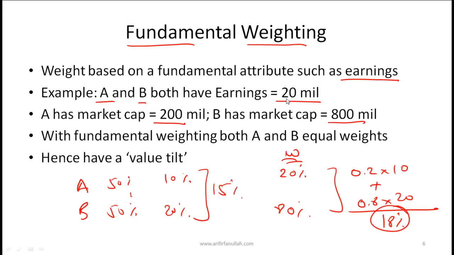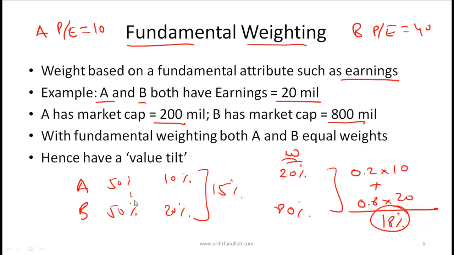Why? Because for 20 million of earnings, A has a market capitalization of 200 million. So A's price earnings ratio is 200 over 20, so A's PE is 10, whereas B's PE is 800 over 20, which is 40.